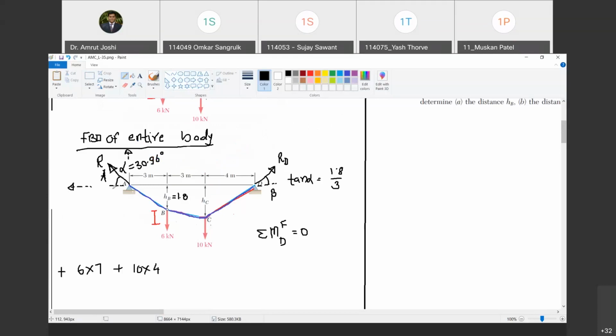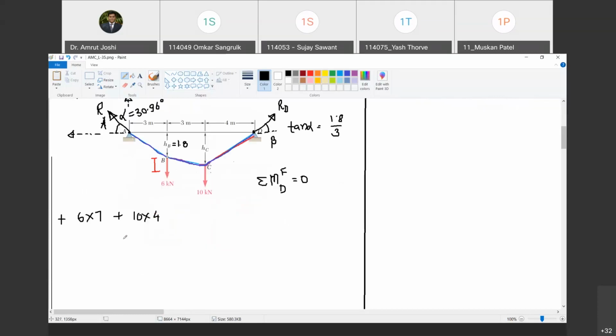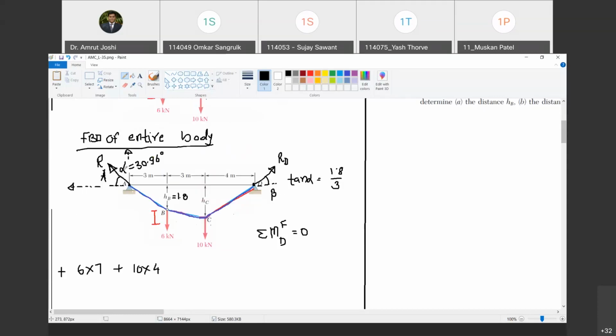Do you agree with me? Yes, sir. Now you have to observe one thing. A and D are at the same horizontal level. So the horizontal component of RA, which is RA cos 30.96, has its line of action passing through point D. Do you agree with me? Yes, sir. So it is not going to cause any moment. Whereas the sine component of RA is going to cause moment about D, and that moment is clockwise in nature.